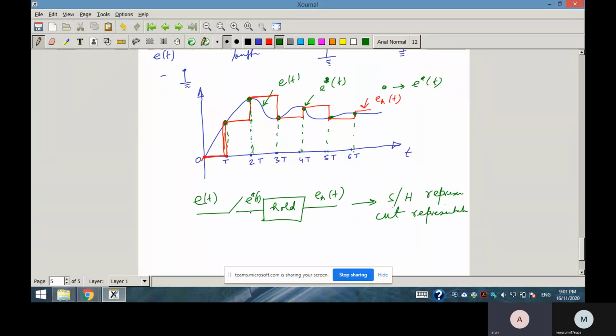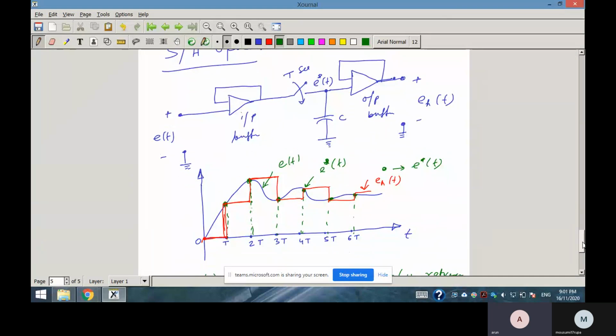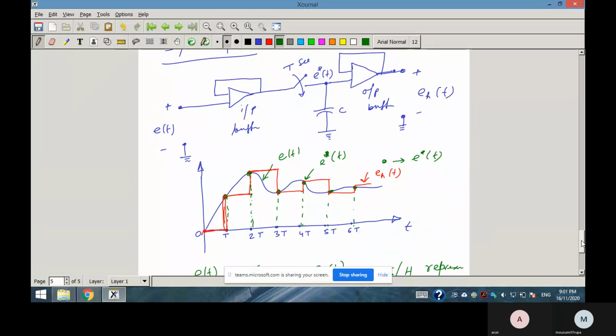There are many things in sample hold. Whatever is needed, that I am just trying to say. The only thing is that because of this output buffer, this output will be held constant.